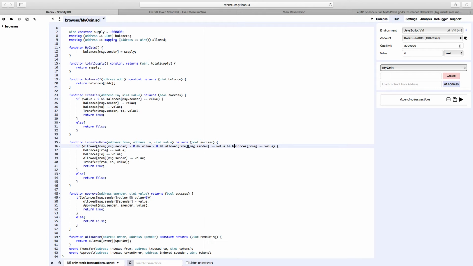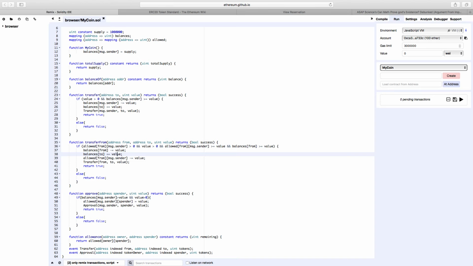And then we also want to see that even though the donor has allowed the spender to spend 100 tokens, right now the donor doesn't have 100 tokens. We can't allow that. So we have to see if the balance of the donor account is greater than the amount of money being sent. If all these conditions are met, then the balance of the donor account will get subtracted by value, and the balance of the receiver account will get added by value.